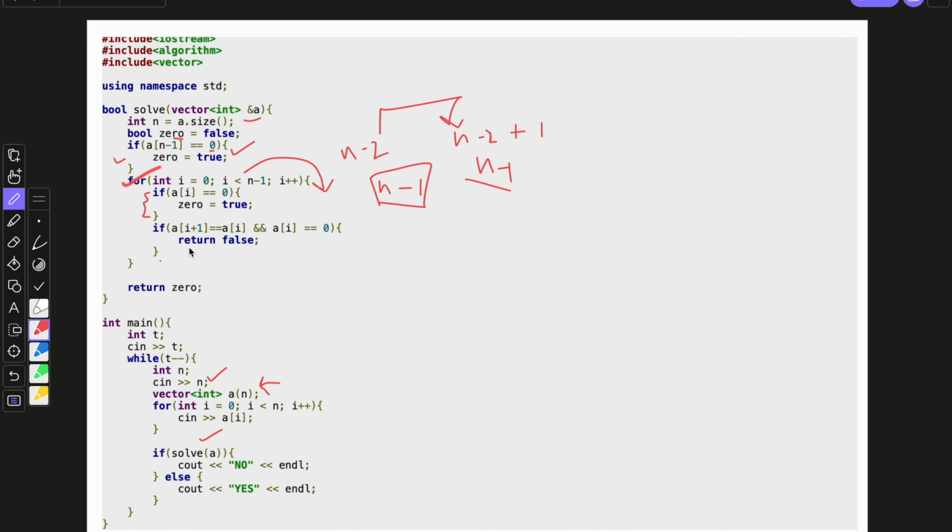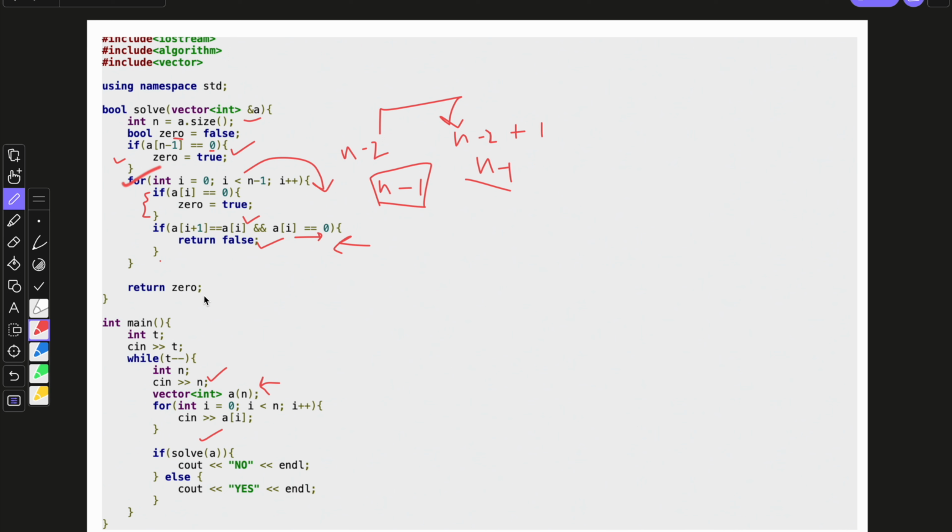Okay, so here the condition is checking if a of I and a of I plus 1 are the same or not, and if they are the same, whether it is 0 or not. This is for checking the consecutive zeros part. Okay, as soon as it finds consecutive zeros, it returns false.